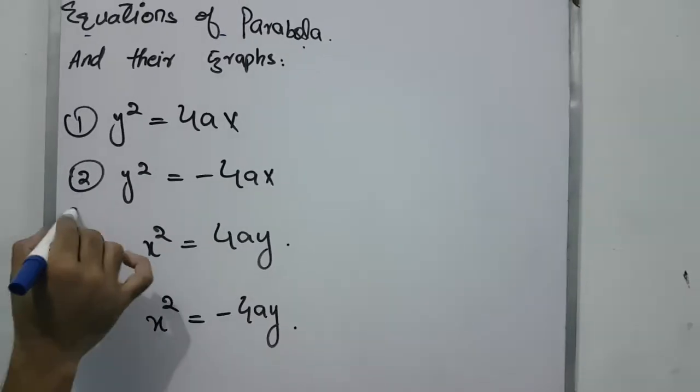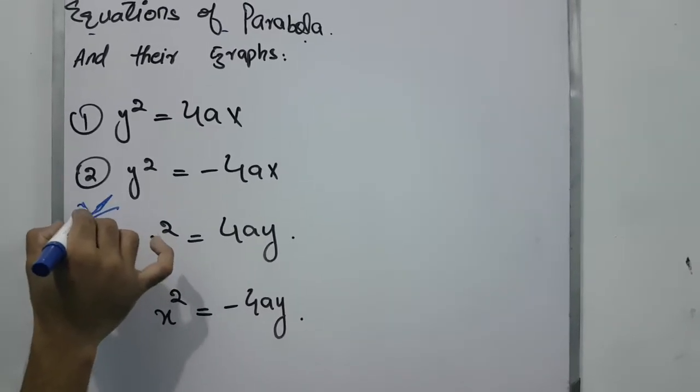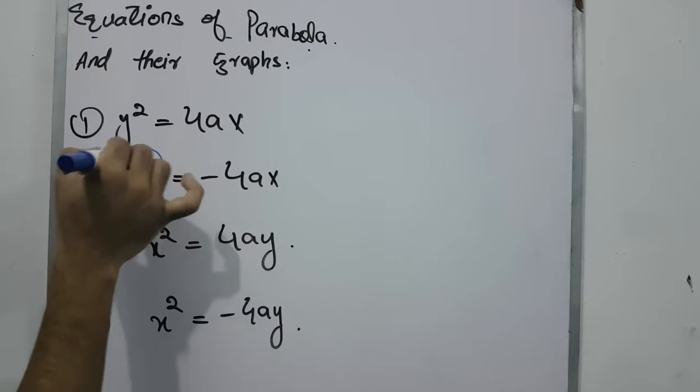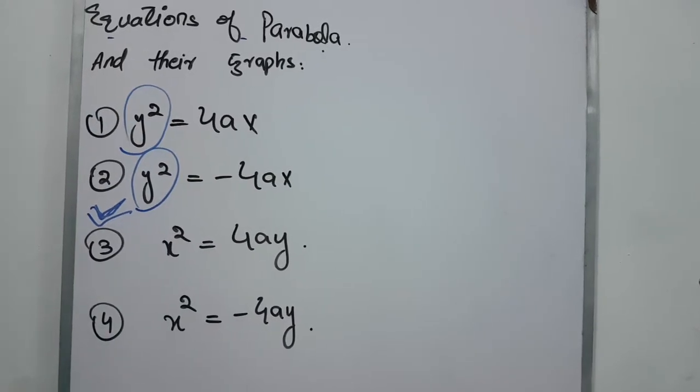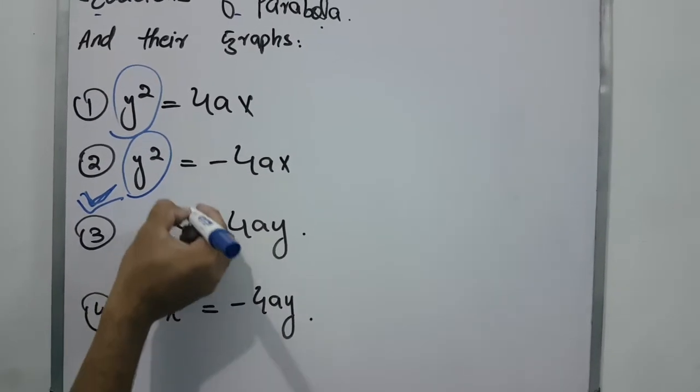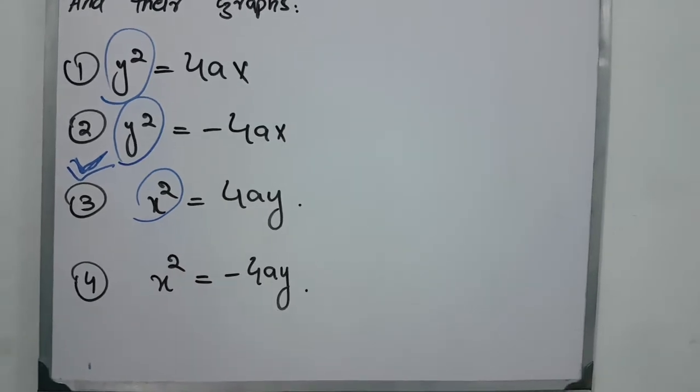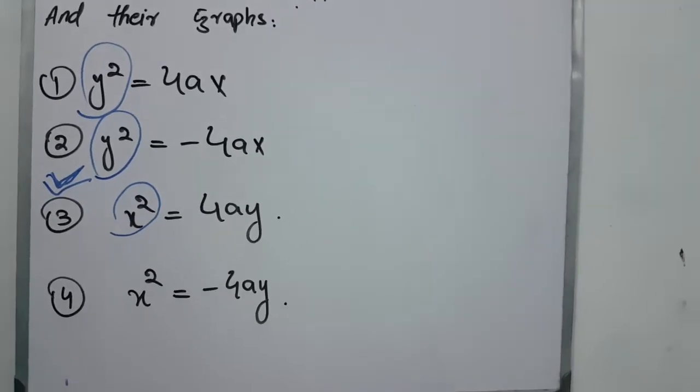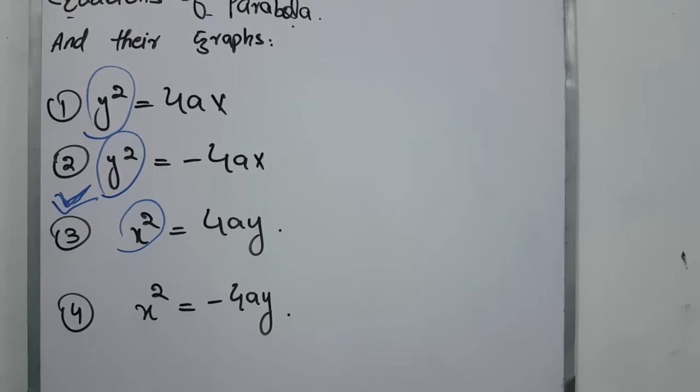Now I write the third equation. Here you can see that in the above two equations y square comes on the left side and x comes on the right side, while here x square is on the left side. The same method will be followed.